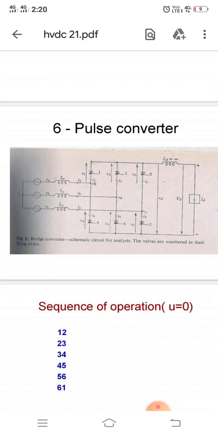Here EA, EB, EC are the output voltages of the VSC. All the voltages are with reference to the source neutral N. Now we can express the voltage injected by the voltage source converter as a constant times the supply voltage, where SA, SB, SC are the switching functions.